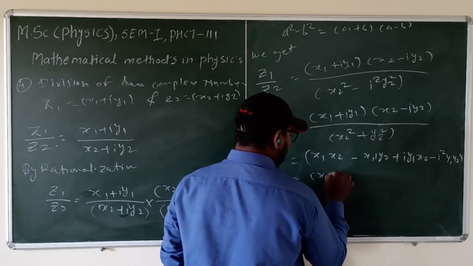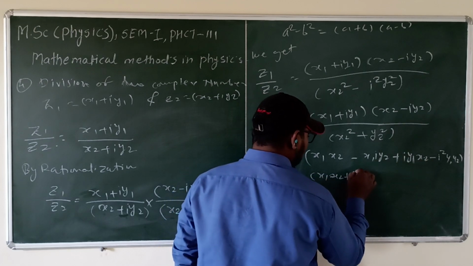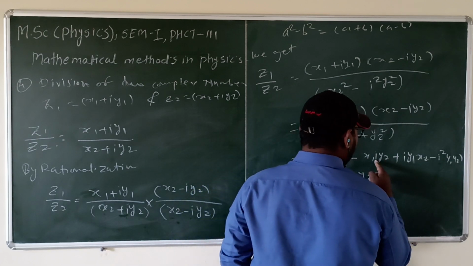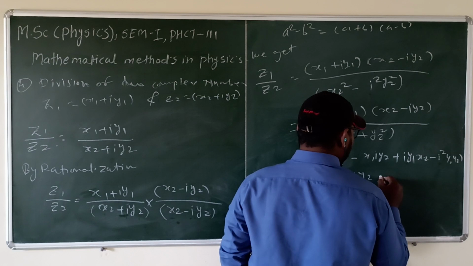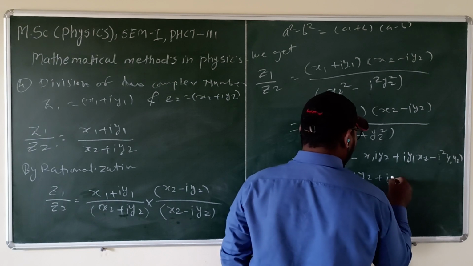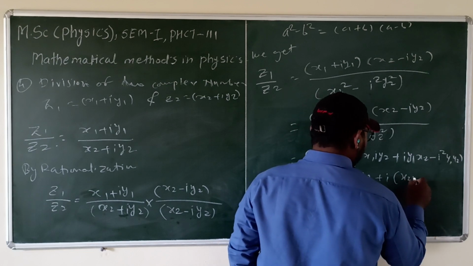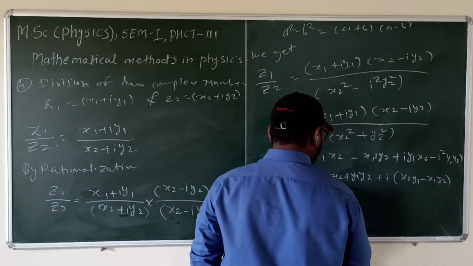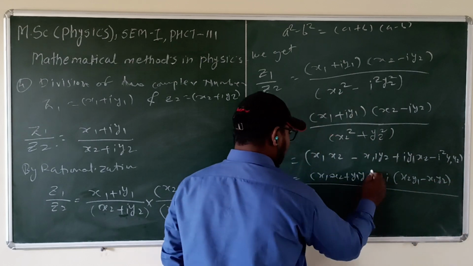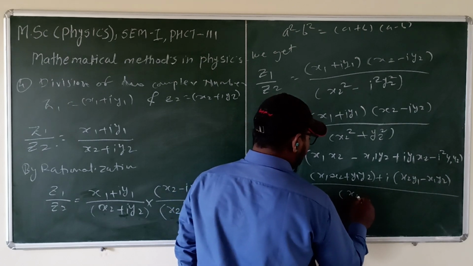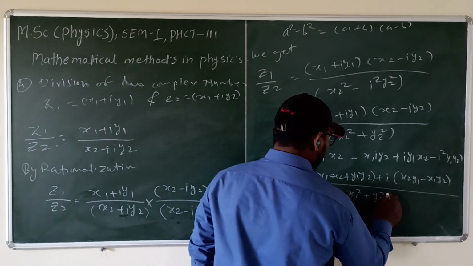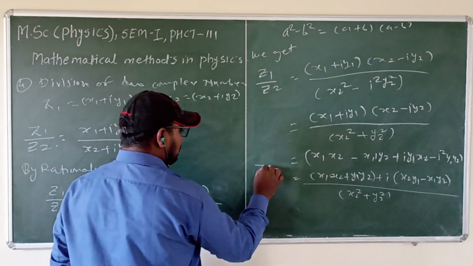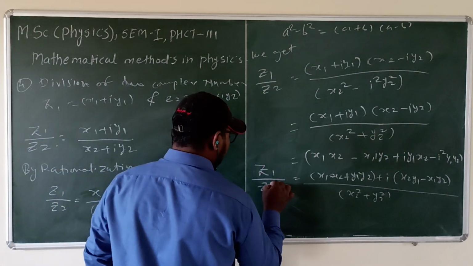So x1 x2 plus y1 y2. In the next bracket we take i common: plus i times x2 y1 minus x1 y2. Whole is divided by x2 square plus y2 square. Okay, this is the division of two complex numbers.